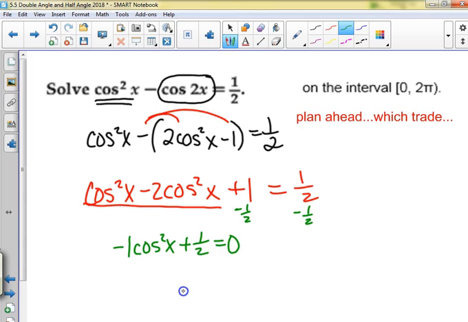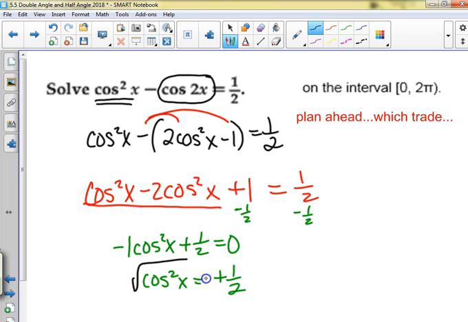What do you want to do now? Cosine squared. How about I just subtract the 1/2 back over there and then divide it by negative 1? Is that right? Everybody okay with what I did? Or just added the cosine squared to the other side, right? All right, now what?